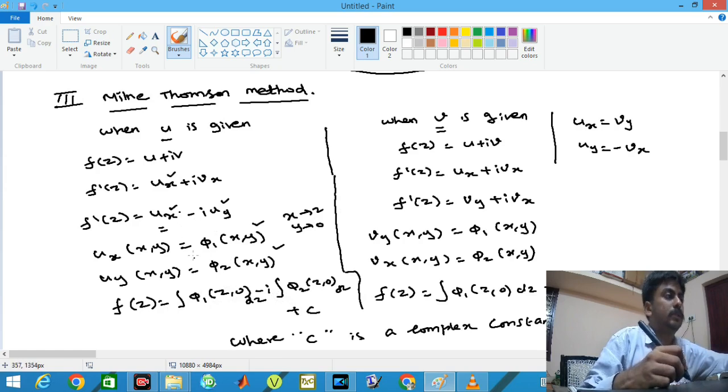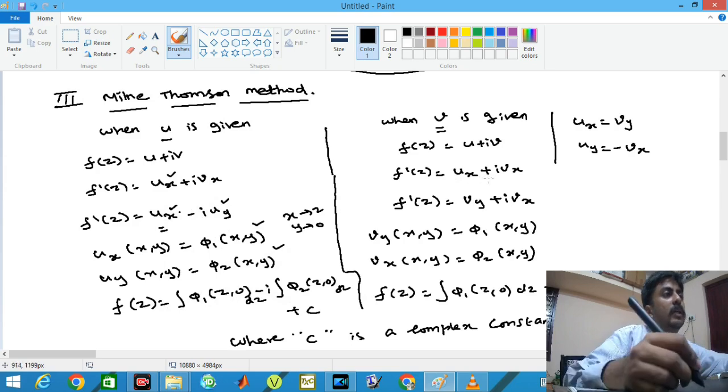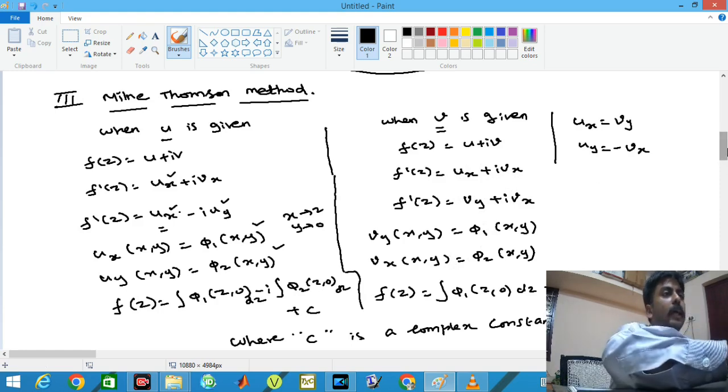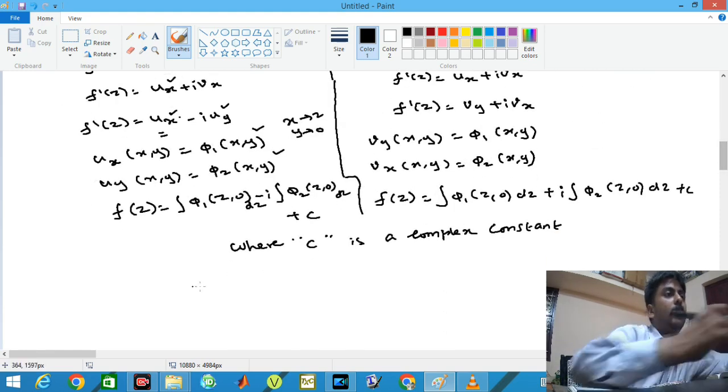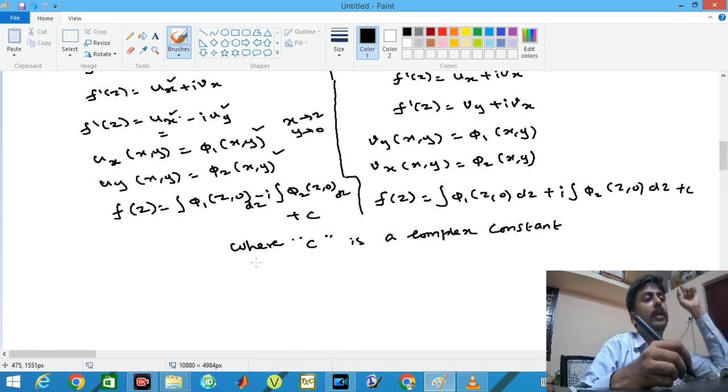This ux is phi 1, this uy is phi 2, so here it is minus i. In the same way here you have plus i, ux plus ivx, this vy is phi 1, this vx is phi 2. Since there is plus in between, you will have plus i in between the formula. So these are the formulas to find f of z when u or v is given.